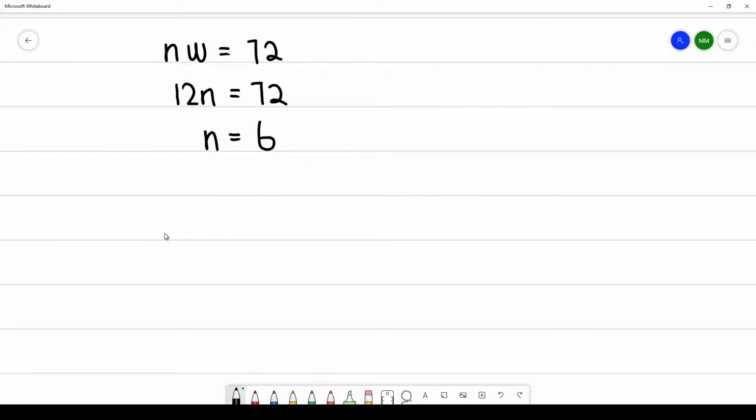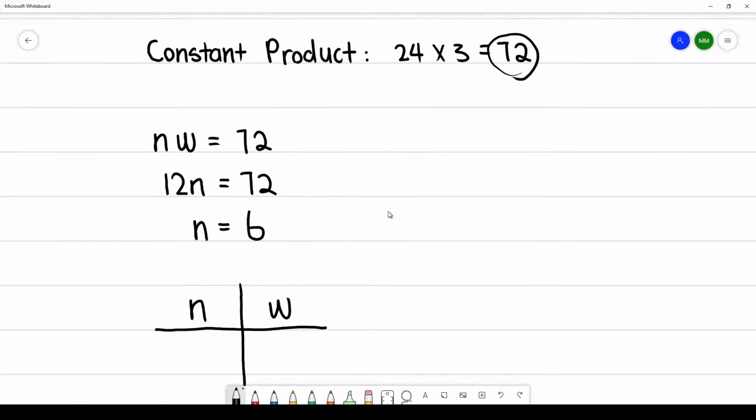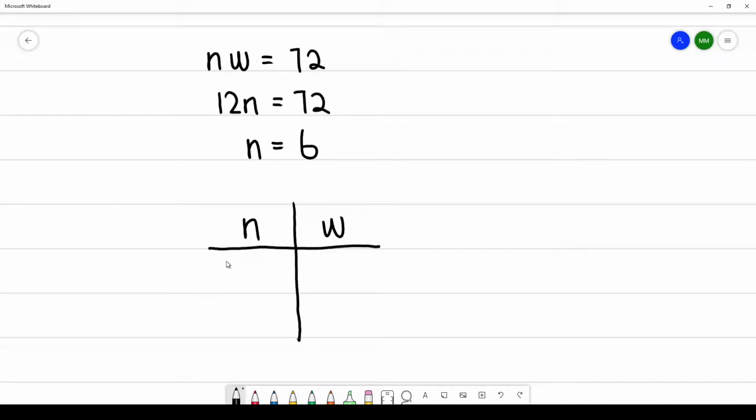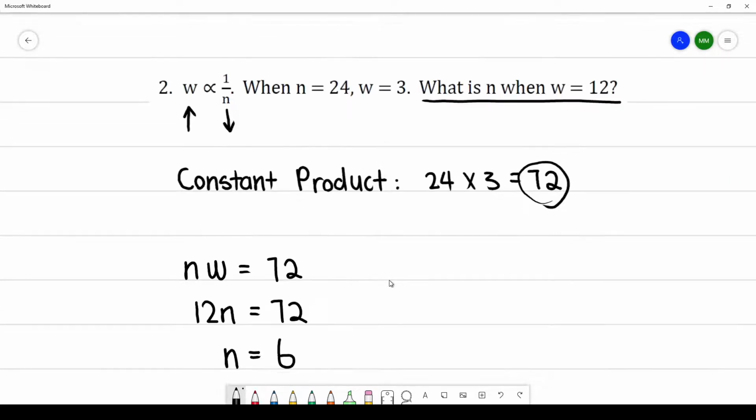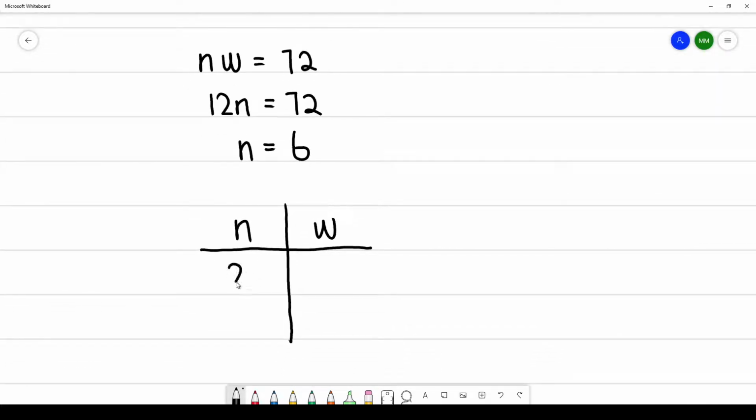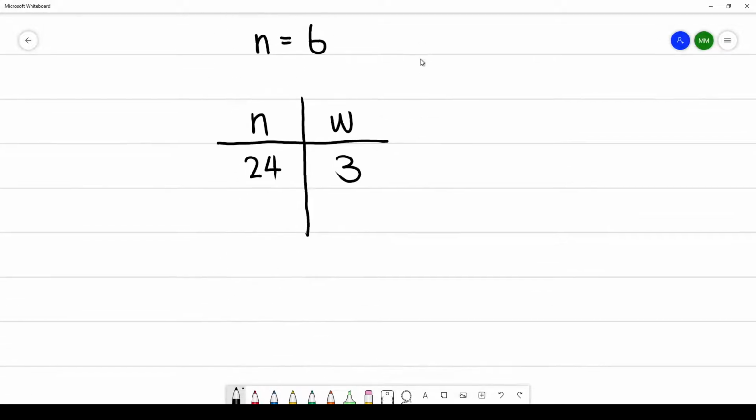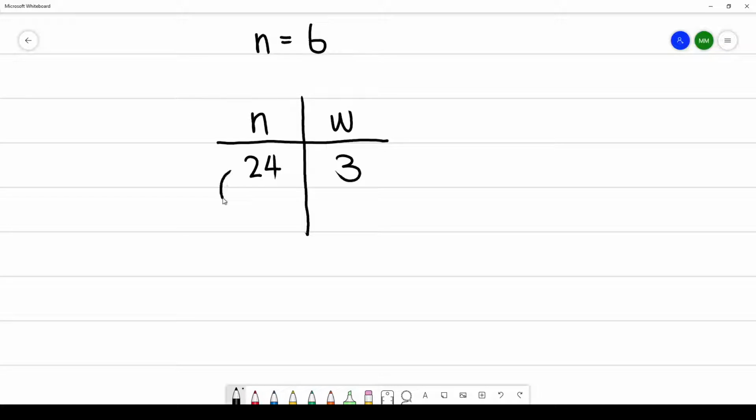I didn't talk about this last time, but essentially you draw out a table. So let's say this side is n and this side is w. So n is, was it 24? Yes, 24 and 3. Since this is inverse proportion, whatever you times this by, you divide the other by.